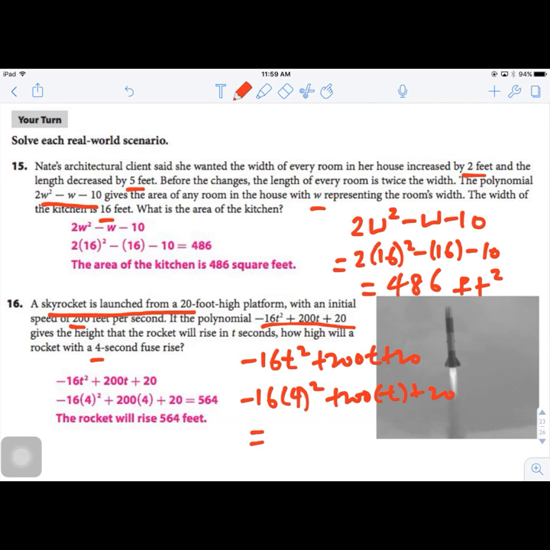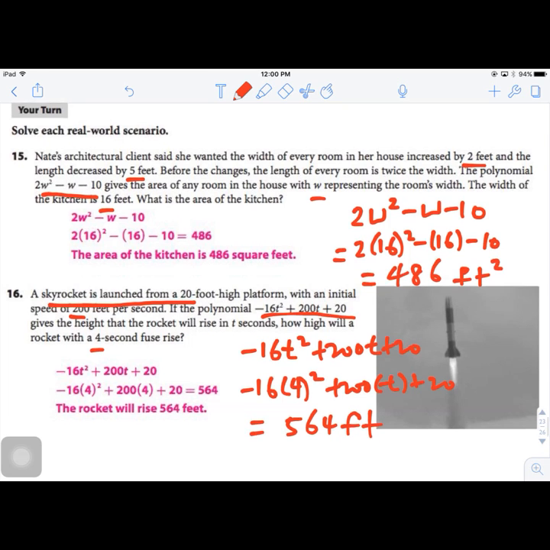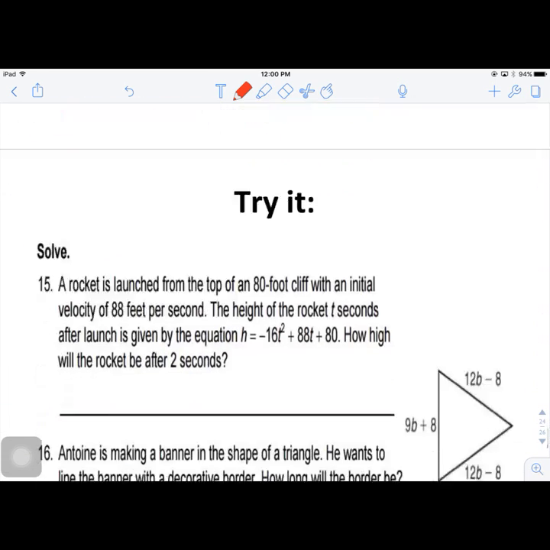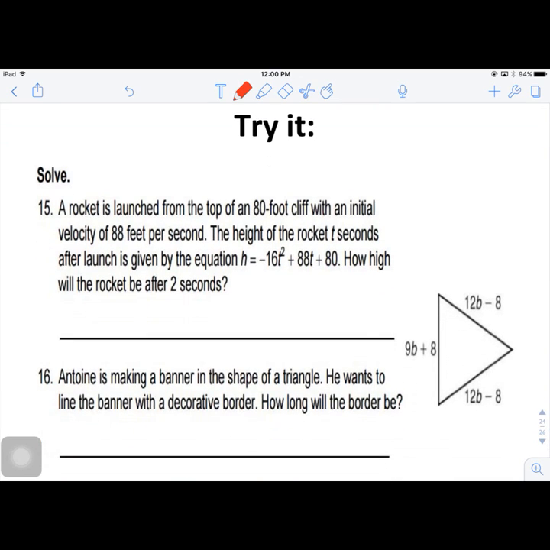And simplify, we should have 564 feet is the height after 4 seconds. And now it is time for you to try these problems, so make sure you try it before you look at the solution.